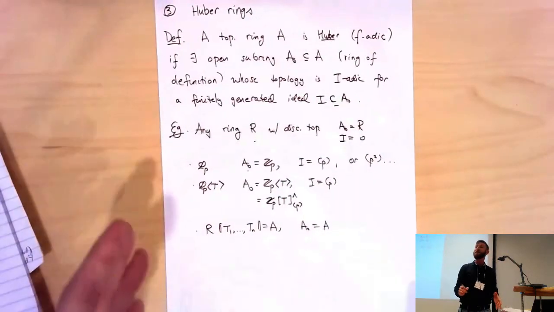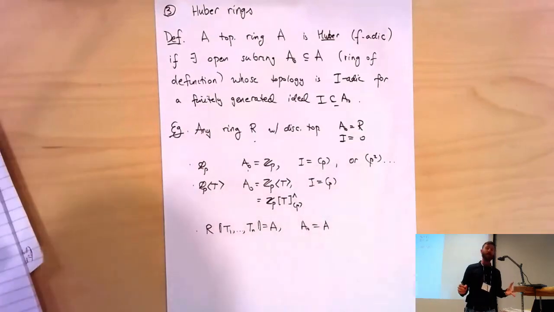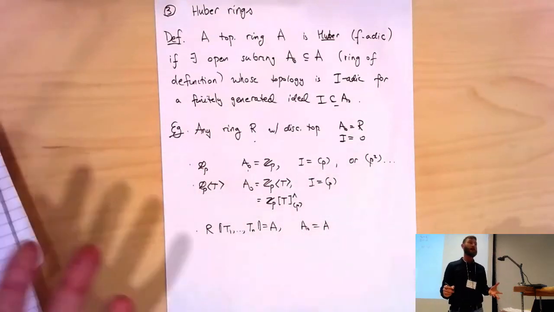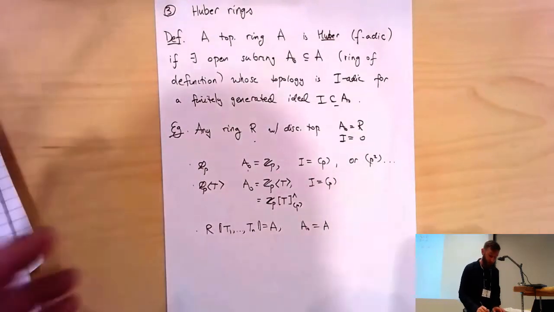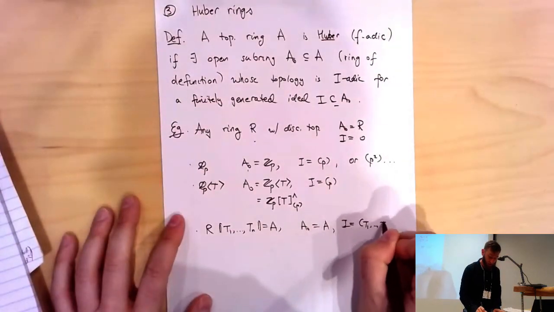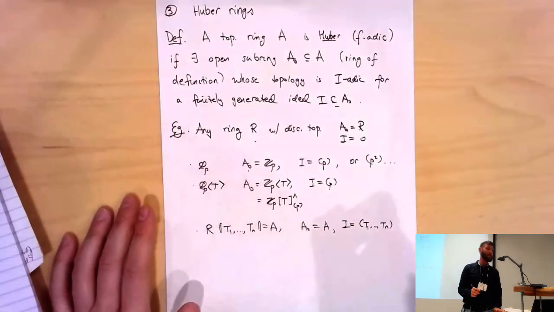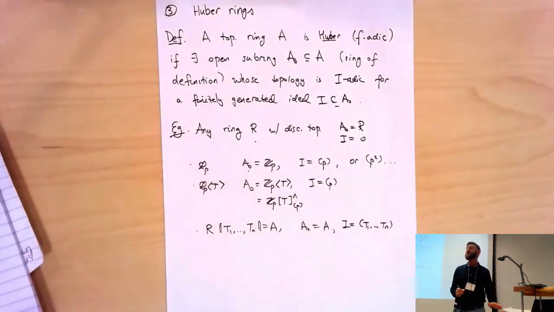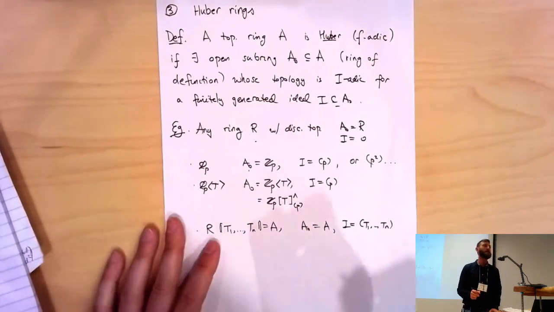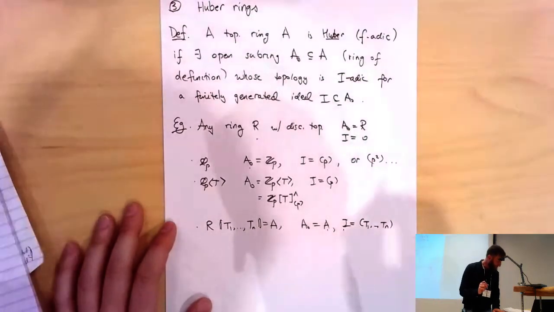So this can happen as well. With A0 being A, the topology here is generated by the elements T_1 through T_n. Or it could be the ideal generated by the squares of those elements, or the square of that ideal, or infinitely many variations along those lines. So this generates the topology on this.